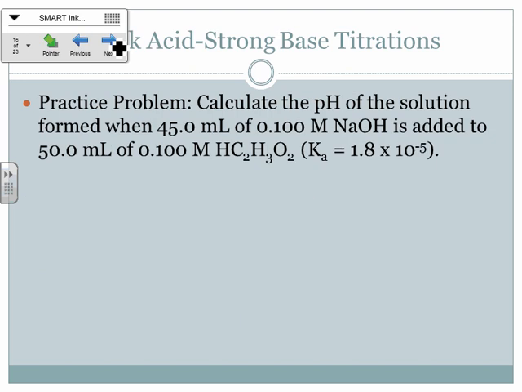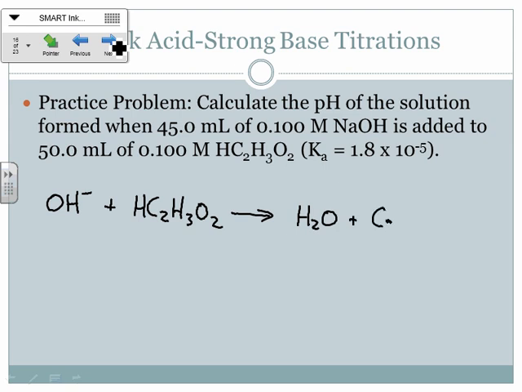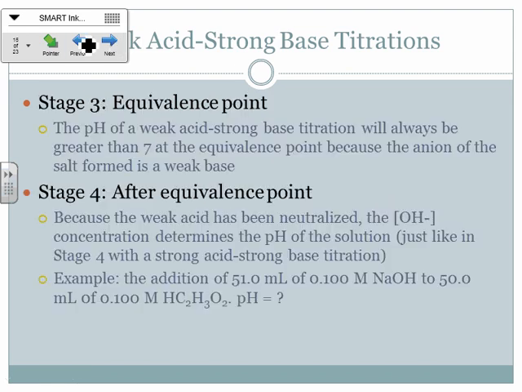Okay, so this is the same reaction. Right, so we still got our OH minus here, and we're adding it to the acetic acid. And this is going to make water and C2H3O2 minus. Okay. But we are now adding 51 milliliters of the 0.1 molar NaOH.